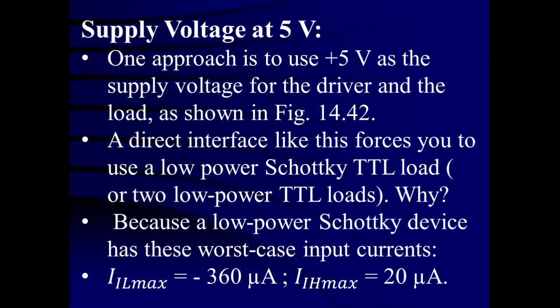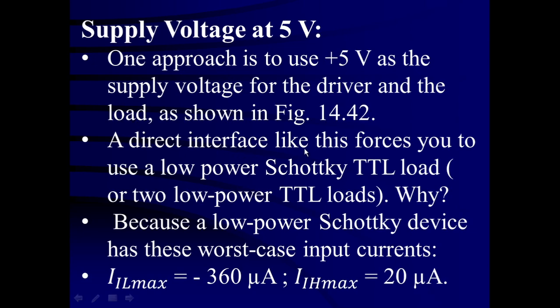That current is normally 360 microampere according to the data sheet of the 74C00 series, and hence only the low power Schottky TTL or low power TTL, which has IIL maximum equal to minus 180 microampere, can be driven by the CMOS driver.